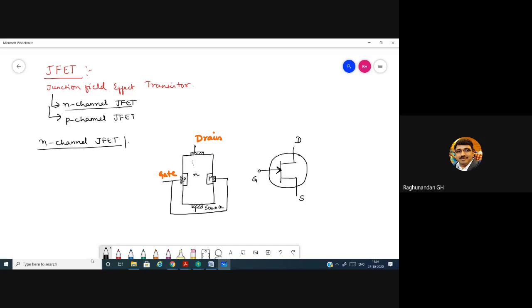If the arrow mark is in the opposite direction, the other way around, then we are going to call it a P channel. Now the arrow mark is towards the line, so that's why it is an N channel JFET.